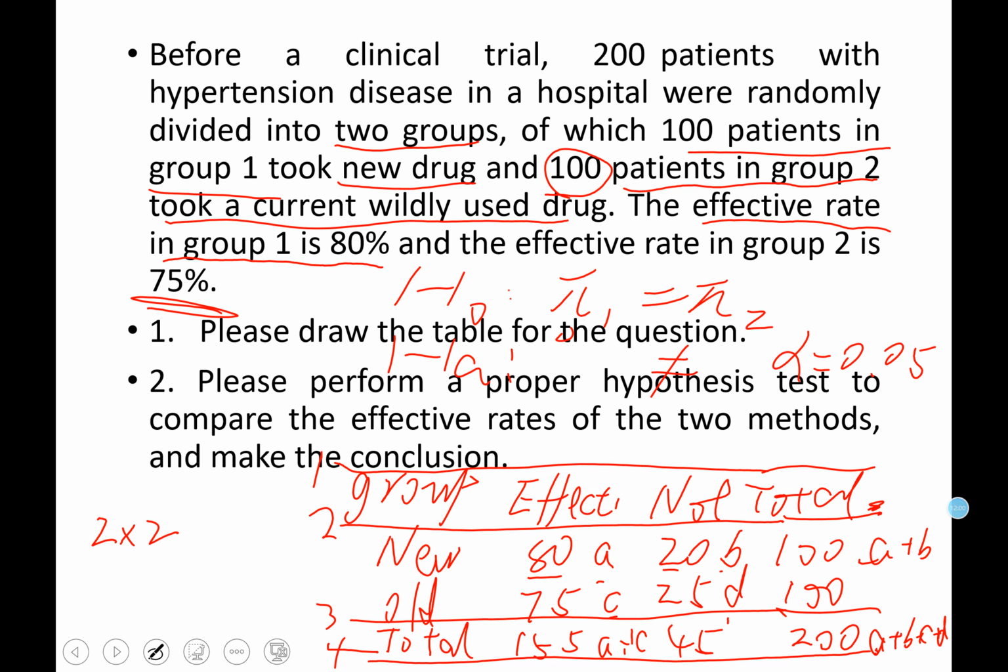And how about the second step? In the second step, we need to calculate the test statistic. And in chi-square test, the statistic should be the chi-square value. And in our class, we have mentioned that for a 2 times 2 table, you can use a formula to get the chi-square value.